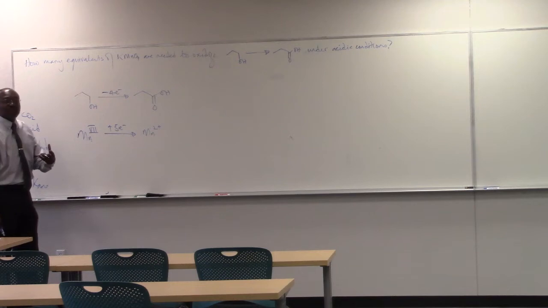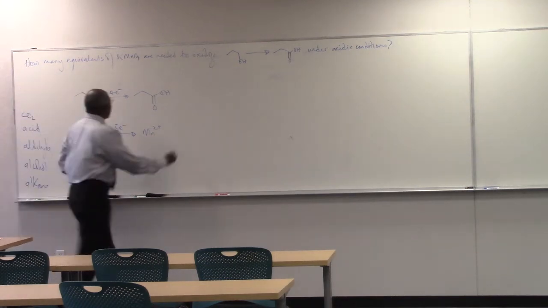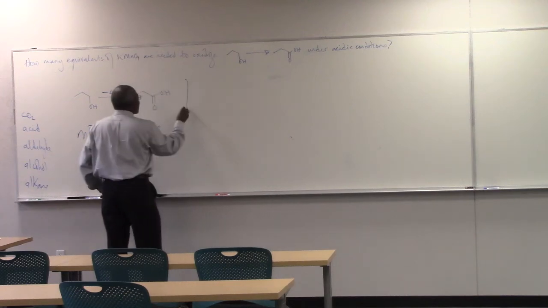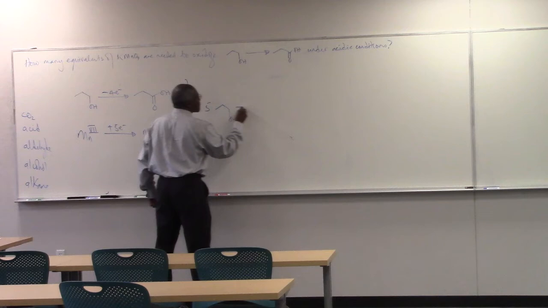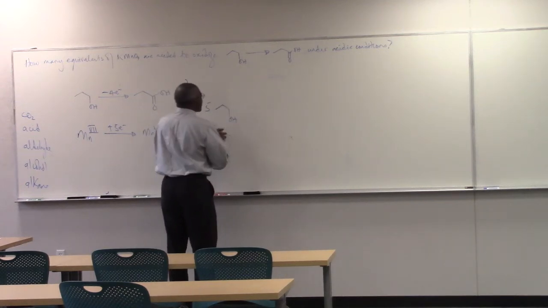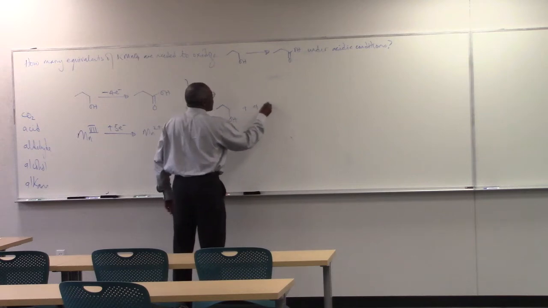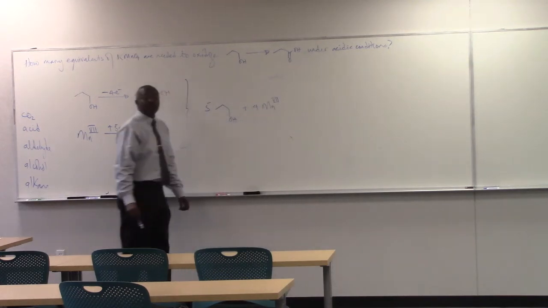And the easiest way to do that is just to swap these coefficients. In other words, 5 of the alcohols will react with 4 of the manganese 7s, right?